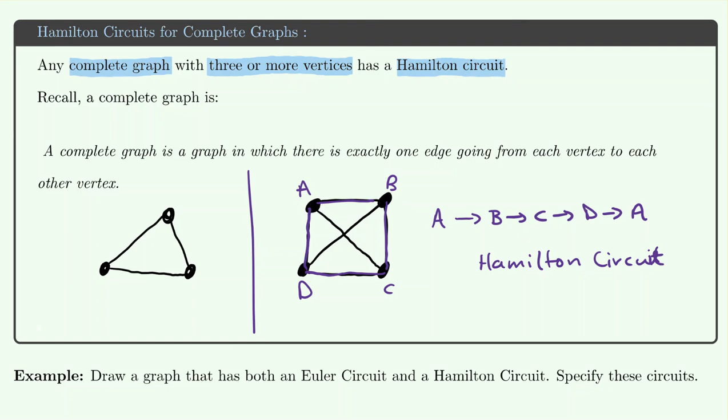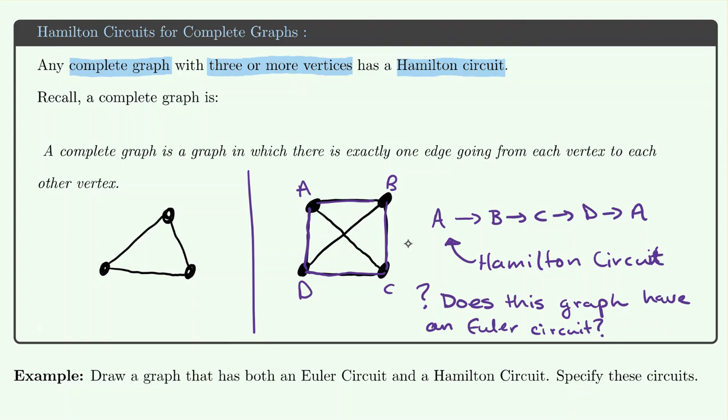A second question, if we are looking at the complete graph on 4 vertices pictured here, we might ask ourselves, does this graph have an Euler circuit? So not necessarily this sequence, but does it have a possibility to have an Euler circuit at all? Remember, we had a criteria for that based on the degrees of the vertices.